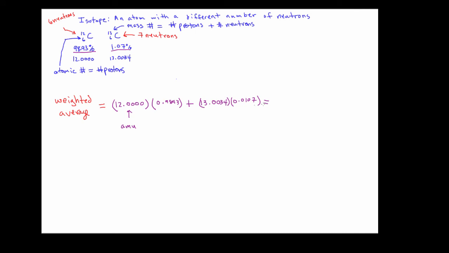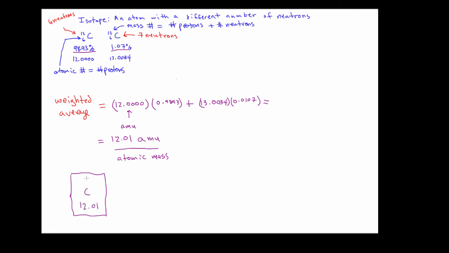Now, we add all of this up, and what we get is 12.01. This 12.01 AMUs is the atomic mass of carbon. If you look on the periodic table, underneath the symbol, you will see its atomic mass is 12.01.